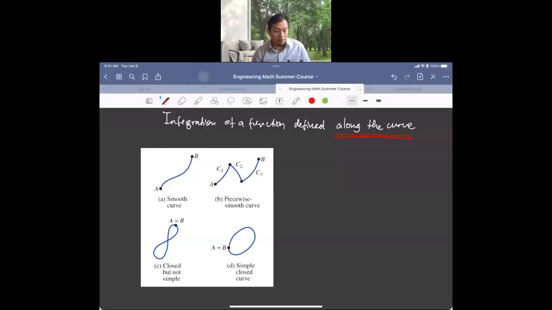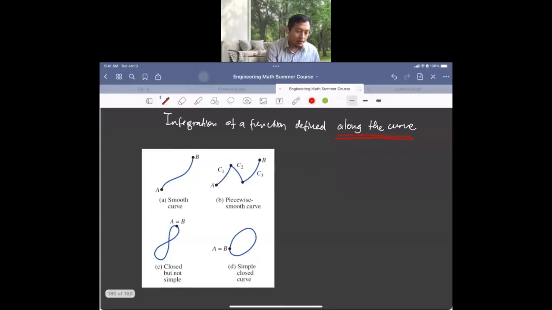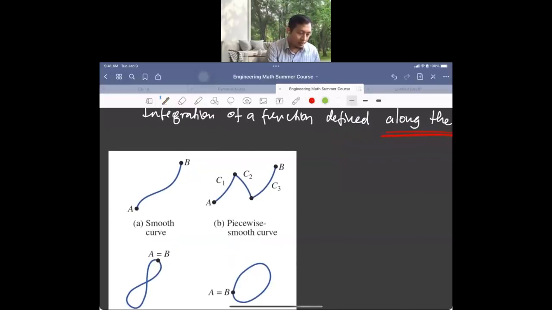We have a piecewise smooth curve. Piecewise means that at every turn it has different functions, but we still say it's a curve. We can start from one point and move our hand or pencil along that curve.